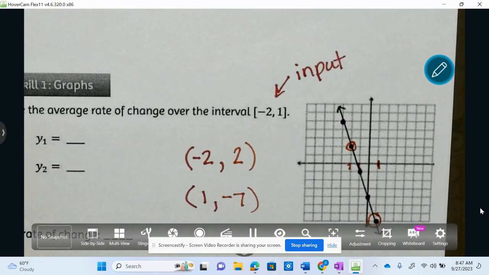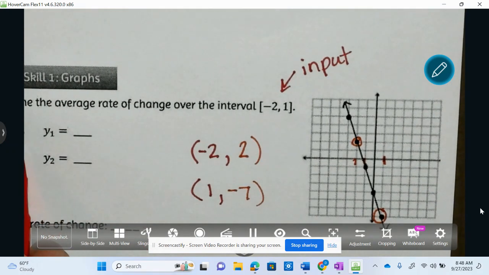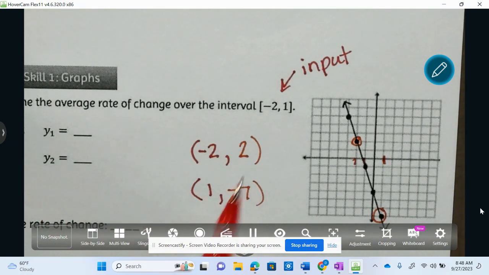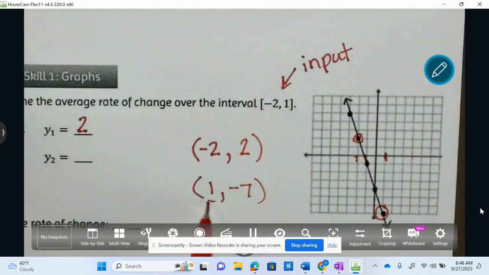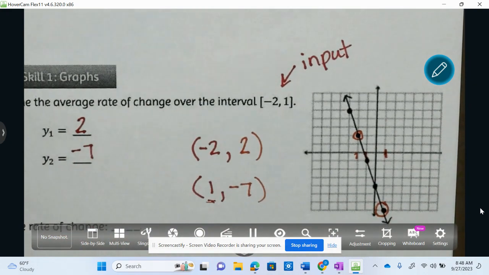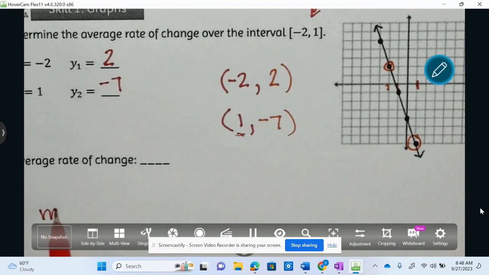So it's saying here, determine the average rate of change. Well, if x sub 1 is -2, its output, y sub 1, is 2. If x sub 2 is 1, its output, y sub 2, is -7. And I'm going to use this space right below to calculate my slope.